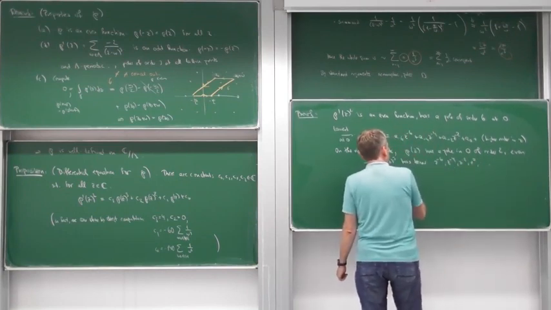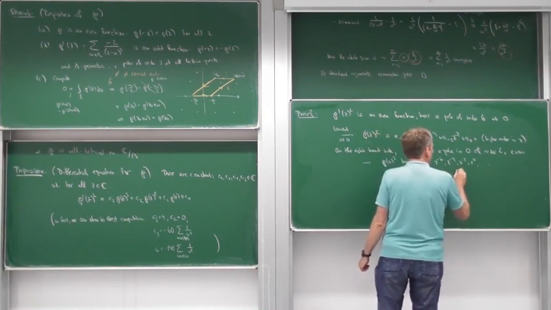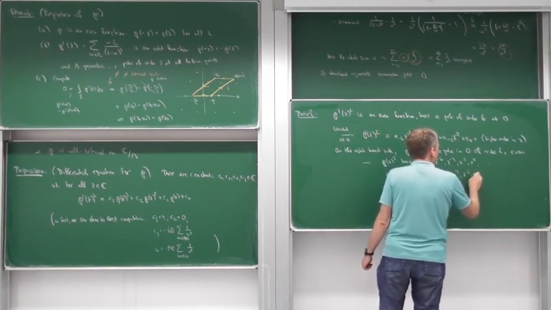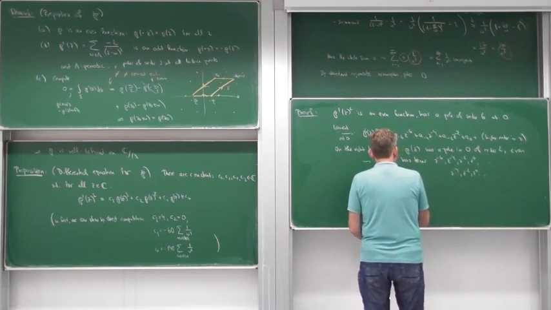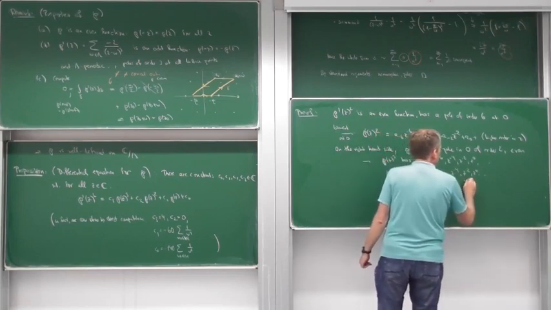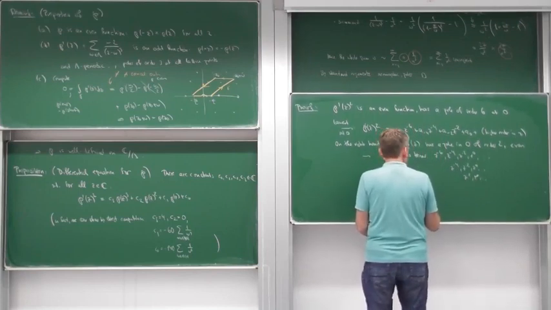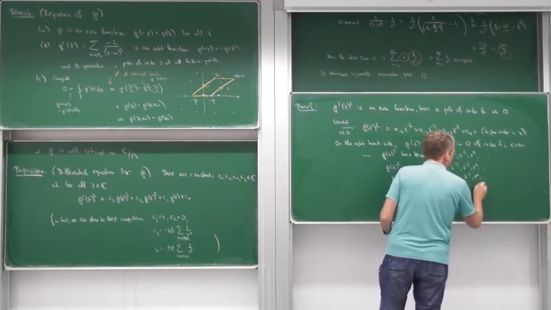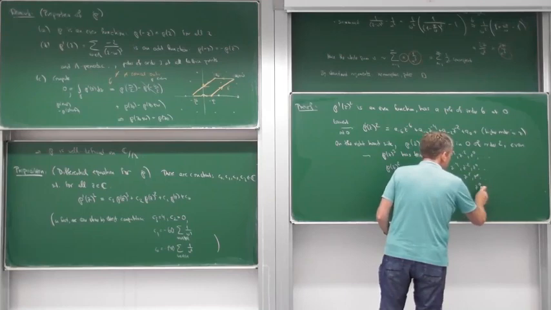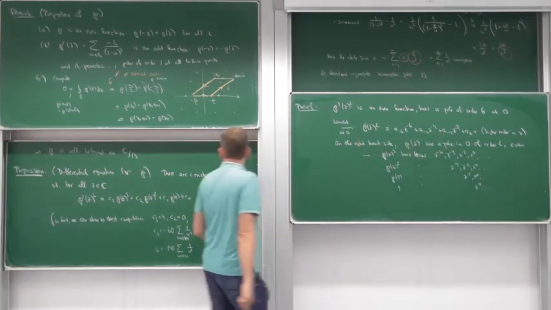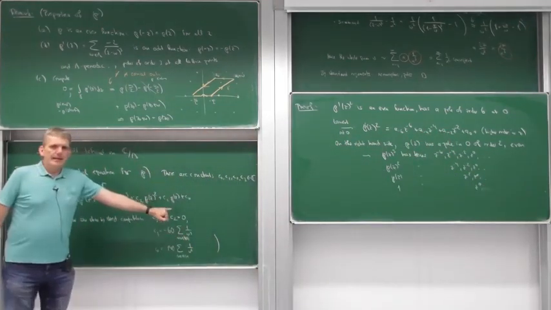And similarly the others, right? P squared has terms z to the minus 4, z to the minus 2, z to the 0, P of z has z to the minus 2, z to the 0. And of course the constant at the end, which is 1, just has a term z to the 0, and then nothing anymore. So these are the 4 terms that we have there.